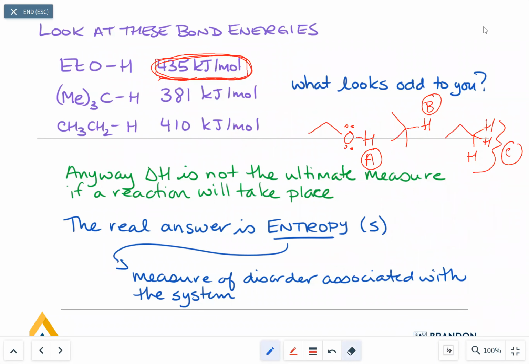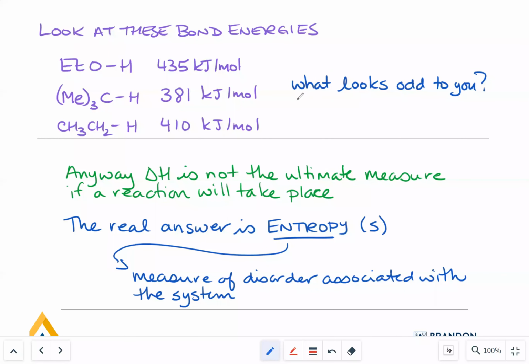I know that I fell victim to this myself. If you were to ask grad students in chemistry which bond's stronger, an OH bond or a CH bond, almost everyone would say a CH bond's stronger, because they spend their time doing all these polar reactions, and carbon-hydrogen bonds are notoriously not easy to break. So it's just one of those things.